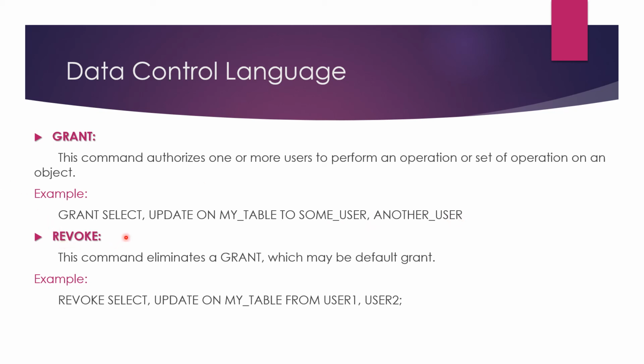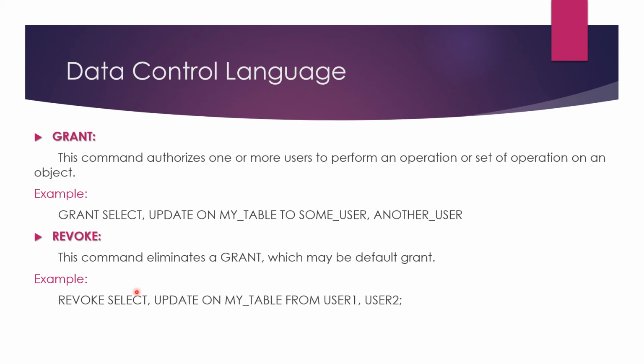Revoke. The revoke command eliminates a grant, which may be a default grant. And the example is revoke select, update on my table from user 1 and user 2. Here, by using this query, the administrator is denying user 1 and user 2 the use of the select and update queries on my table.